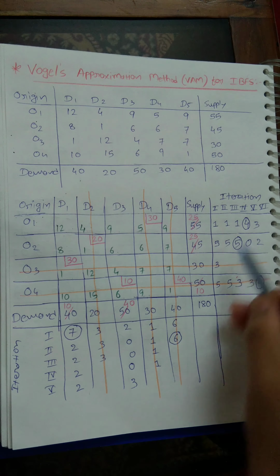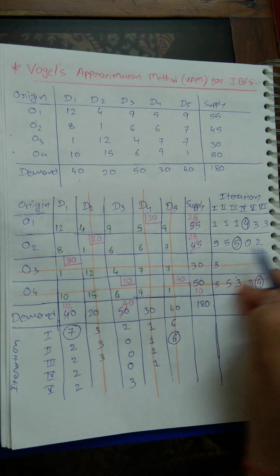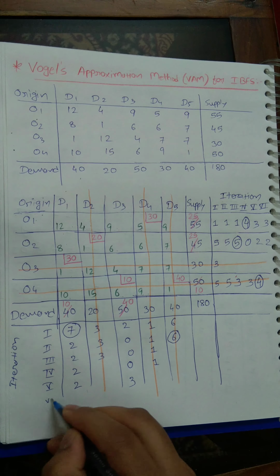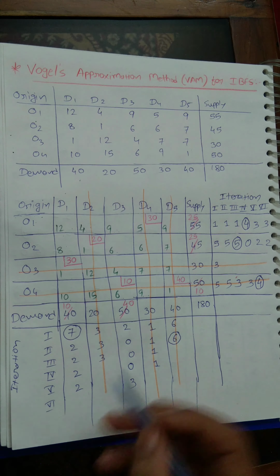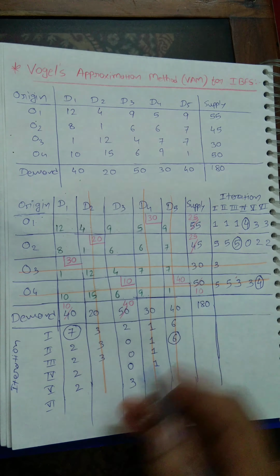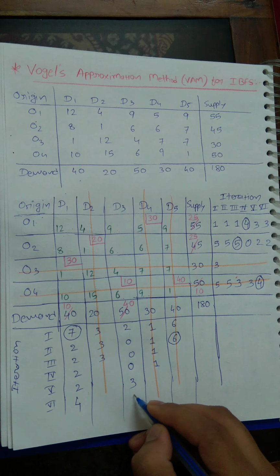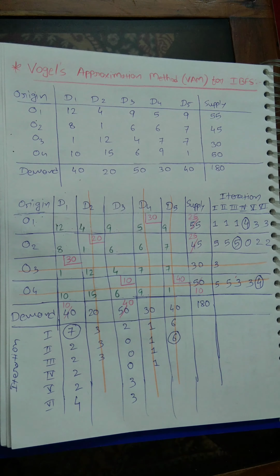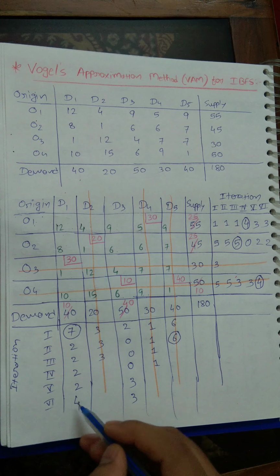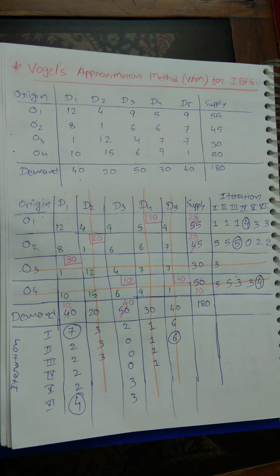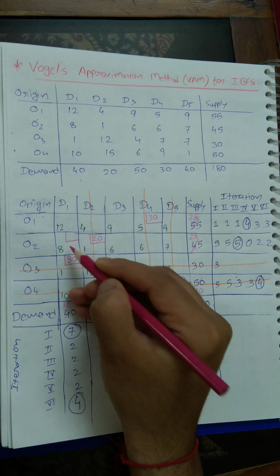For the sixth iteration, follow the same procedure: 12 minus 9, 3, 8 minus 6, 2. Sixth iteration column wise: 12 minus 8, 4, and 9 minus 6, 3. The greatest value is 4 for the D1 column. Pick the least cost, that is 8 over here, and do the allocation.